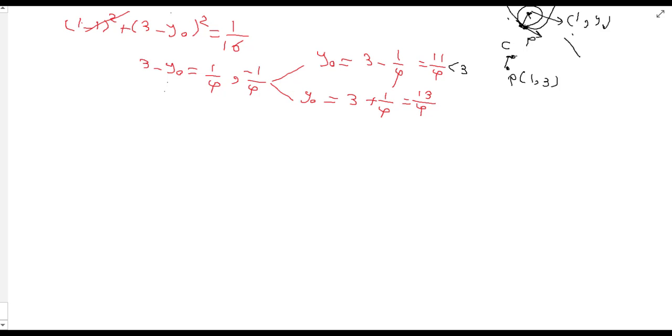And then we can write the equation of the osculating circle, which will be x minus 1 to the power 2 plus y minus 13 over 4 to the power 2 equal to r squared, and r squared is equal to 1 over 16.